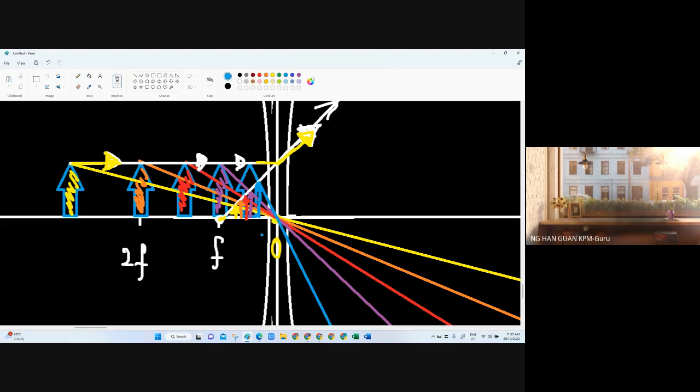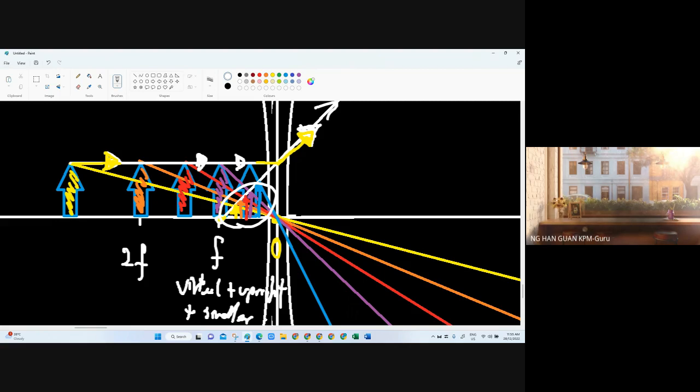So for the case of concave lens, no matter where your object is, our image always will be the same, which is all the image you can see. The image always is virtual plus upright, and it will be smaller, or we call it diminished, compared to the objects.